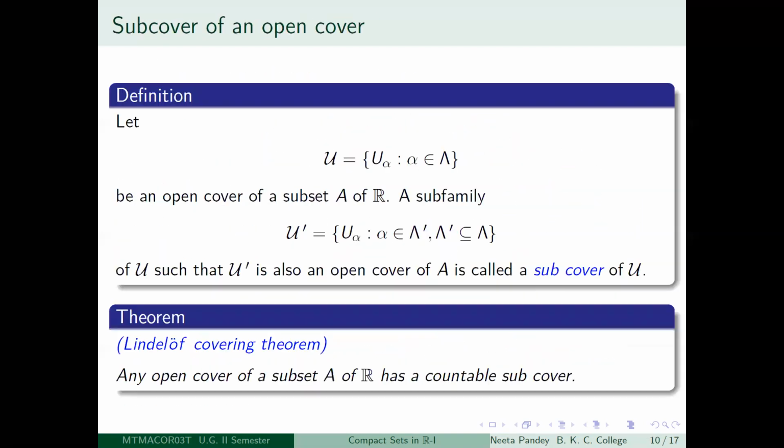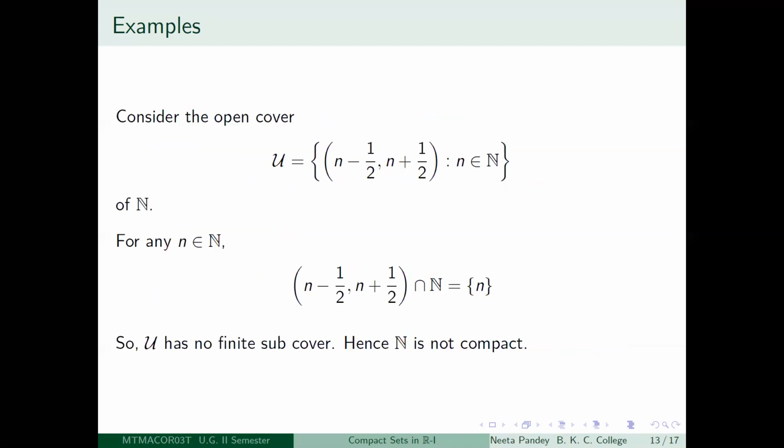So that is our last example in today's lecture. If you look at this family, n minus half to n plus half, then if you choose any one of them, its intersection with the set of positive integers is just the singleton n. So therefore, this family will not have any finite subcover.